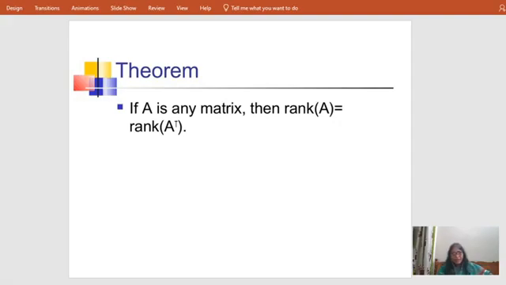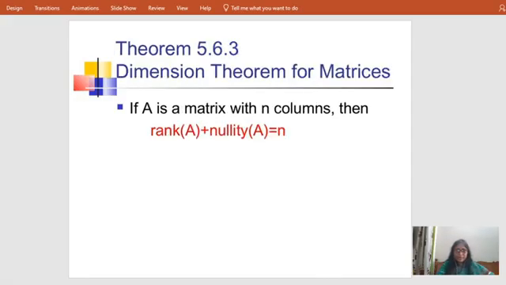So for any matrix A, if you calculate the rank, then for A transpose also we get the same rank. Therefore, rank of A is equal to rank of A transpose, where A is any matrix.